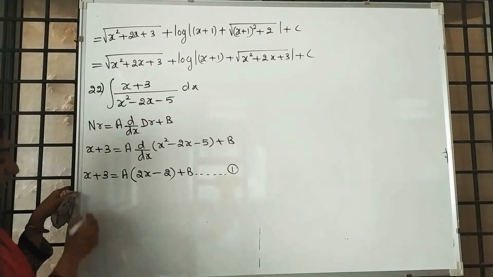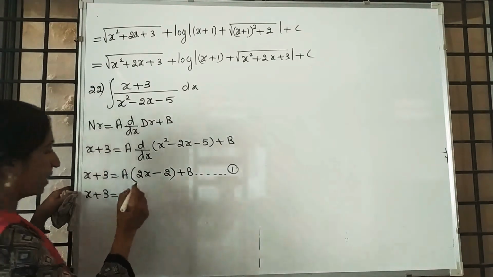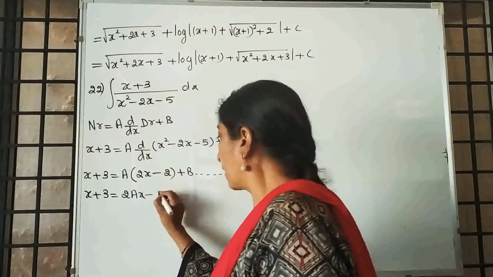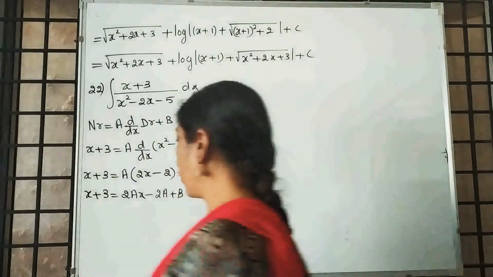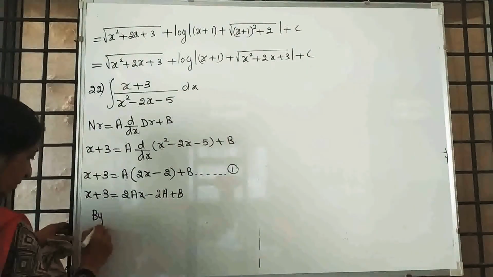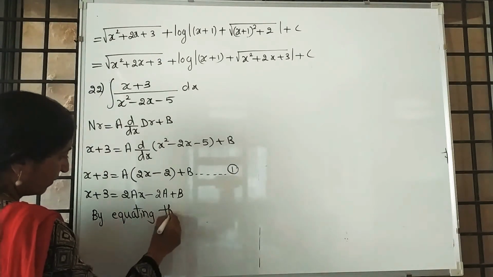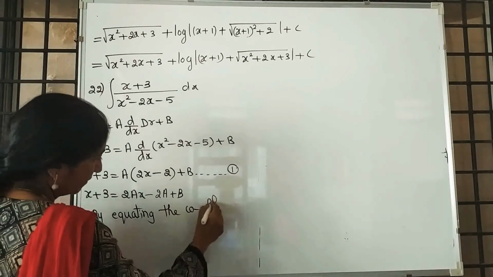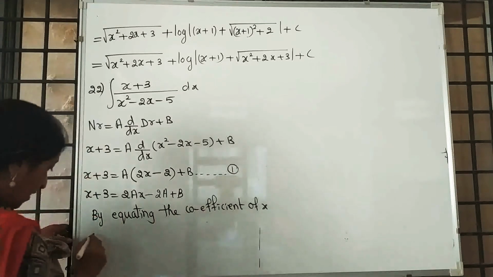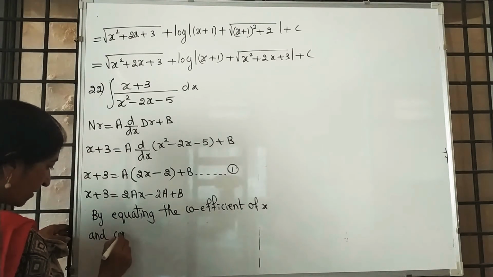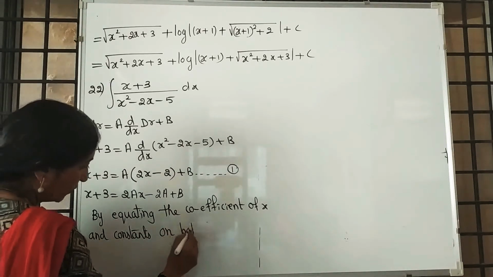Next step, I am removing the bracket. x plus 3 is equal to 2ax minus 2a plus b. By equating the coefficients of x and constants on both the sides.